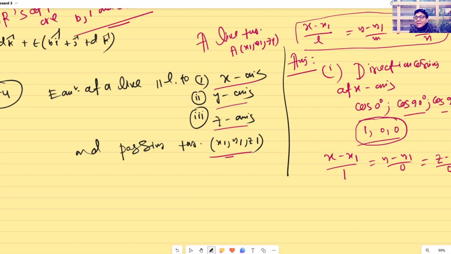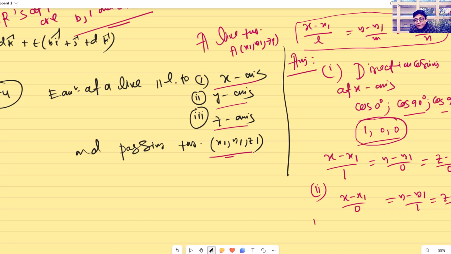Parallel to x-axis, you got the line. Parallel to y-axis, the second part, how to write? Direction cosines of y-axis are what? 0, 1, 0. So it will be (x minus x1) by 0, (y minus y1) by 1 and (z minus z1) by 0.